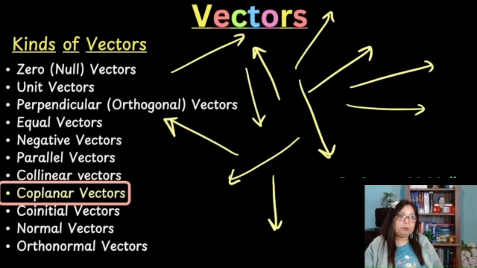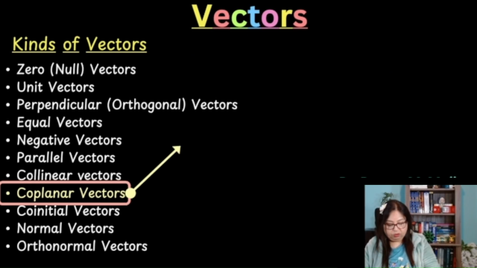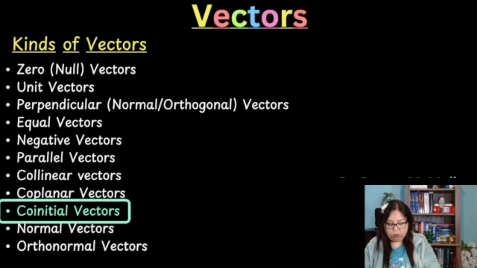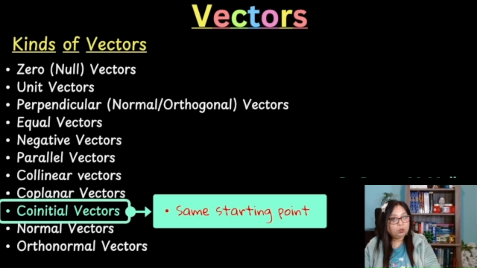But they're all in the plane of the screen. So they're all coplanar vectors. All vectors lie in one plane. They may have different magnitudes and directions. Got it.